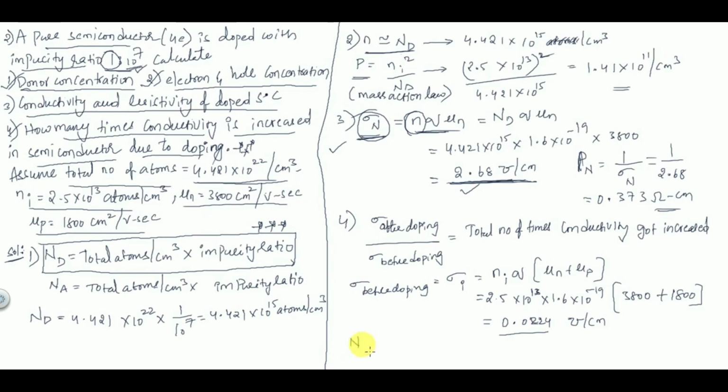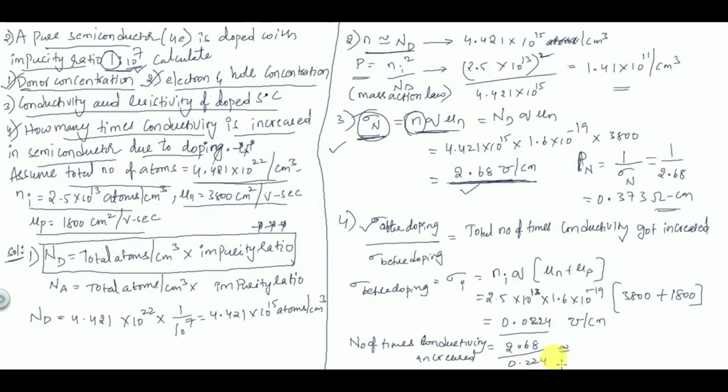So the number of times conductivity increased is given by the conductivity after doping, 2.68, divided by the conductivity before doping, 0.0224.